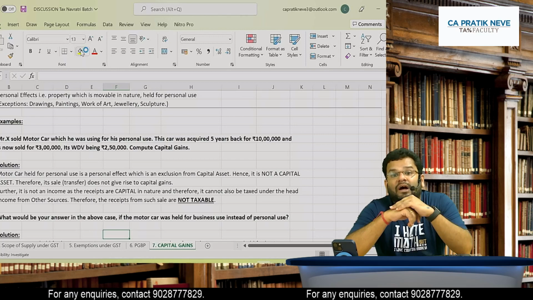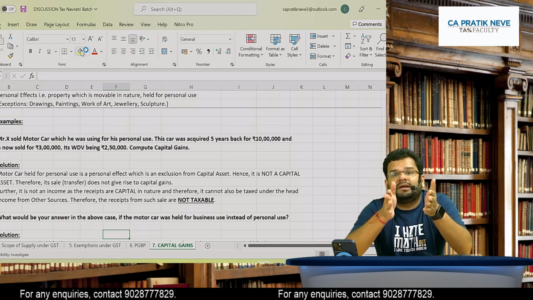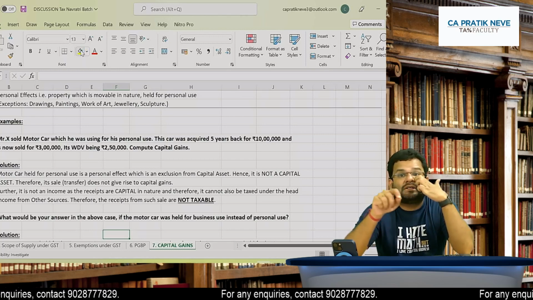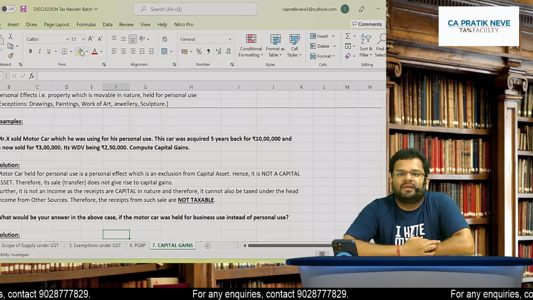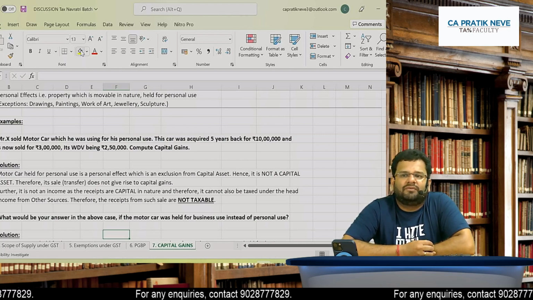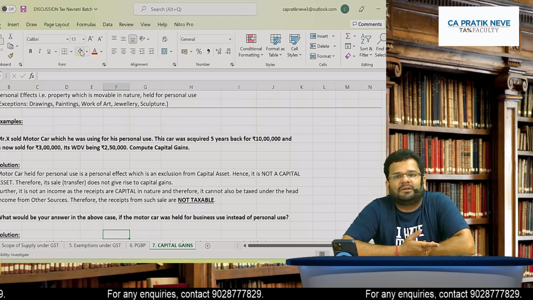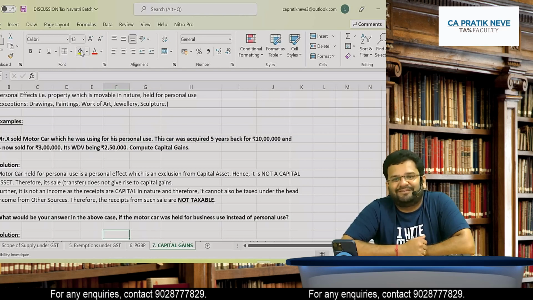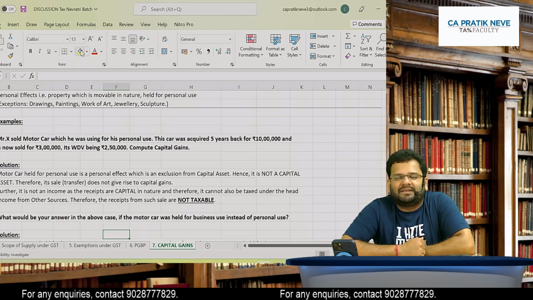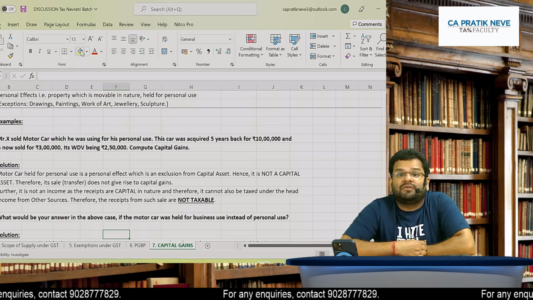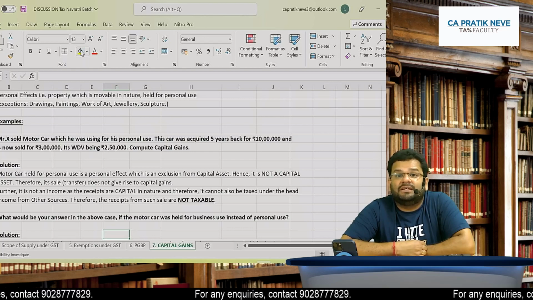And now you get capital gains. It could be short term or long term depending on which asset is being transferred. If the asset transferred is long term, it's long term capital gain. If it is short term, then it is short term capital gain. And friends, then you claim exemption. The basic exemptions we are going to revise today, that is 54, 54F, 54EC.